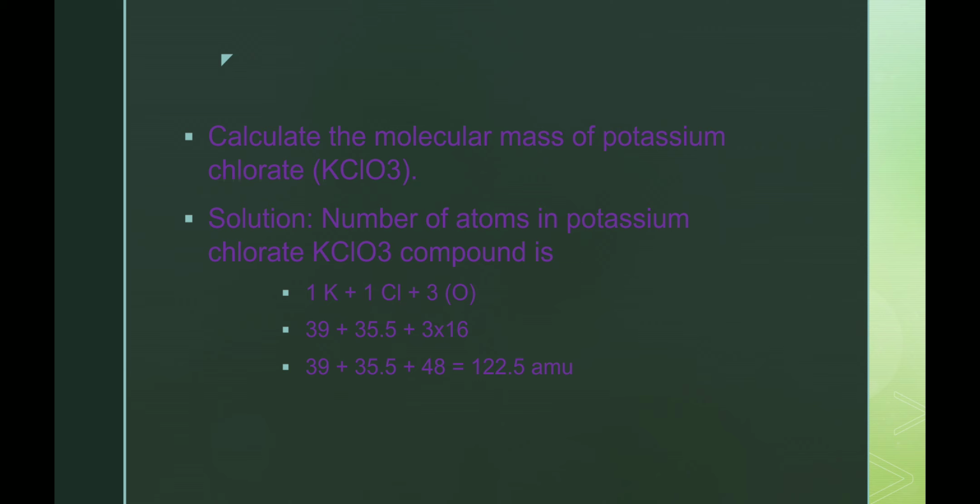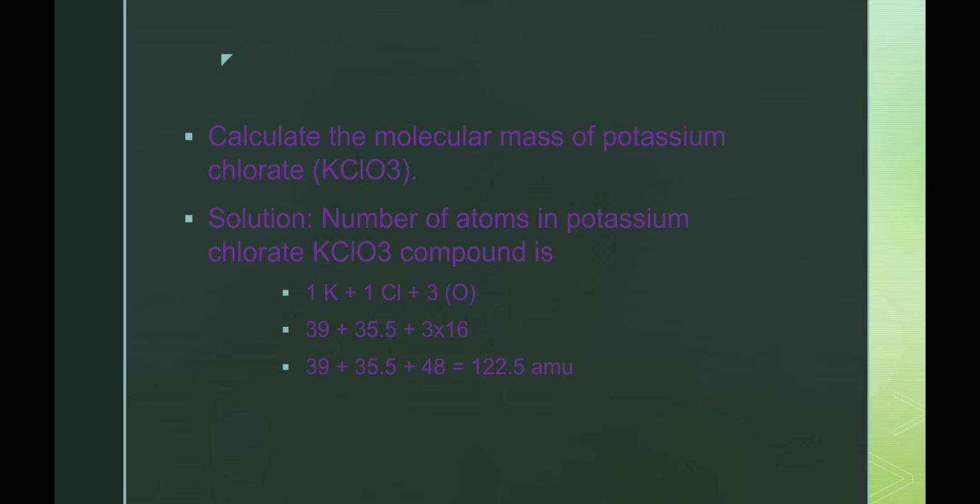As per the atomic mass of each element, 1 K 39, 1 chlorine 35.5, plus 3 atoms of oxygen, 3 into 16. Therefore, 39 plus 35.5 plus 48. Altogether, the sum of all the atoms of the given compound KClO3 is equal to 122.5 AMU. So, dear students, this is the way of calculating the molecular mass of any compound.